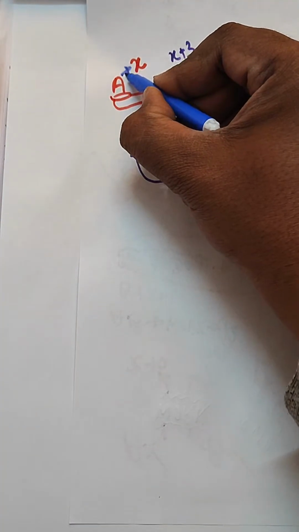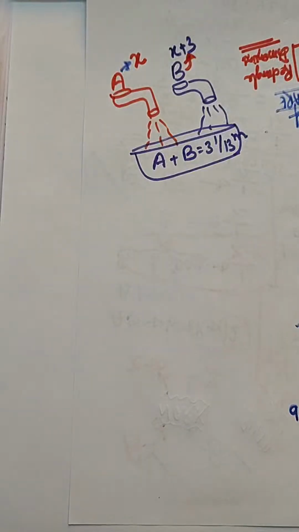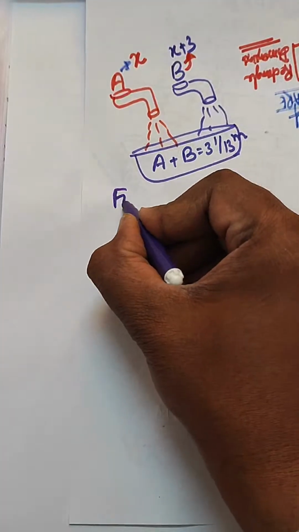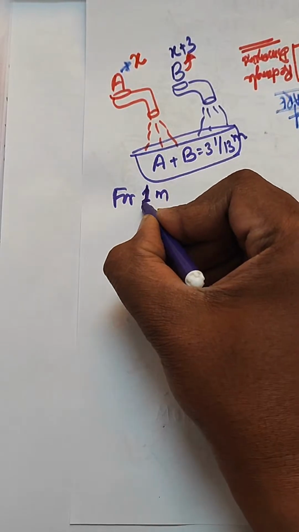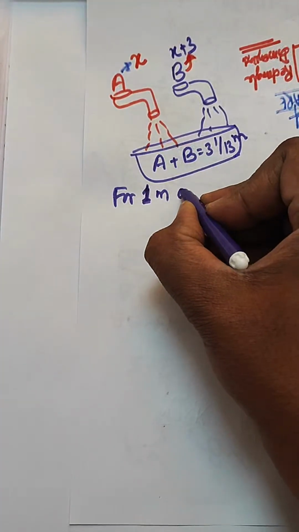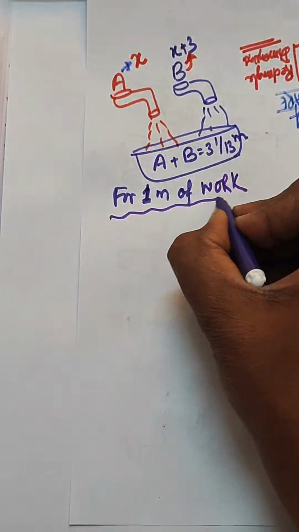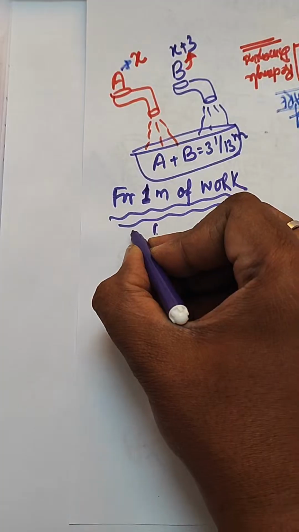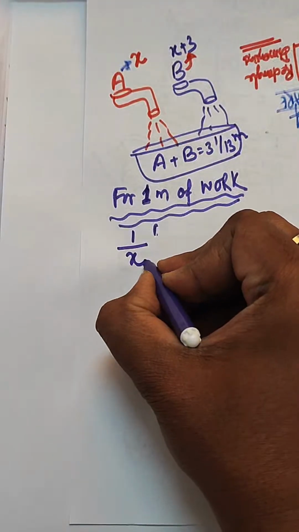Because this is the time taken by A and this is the time taken by B. Similarly, as we did in the previous question, for 1 minute of work, the capacity of both the taps, we can say that in 1 minute the part of the tank filled by A is 1 by x, isn't it?